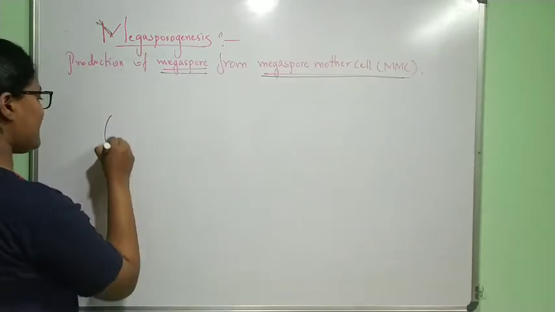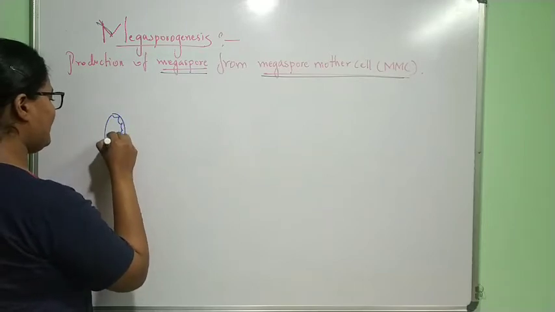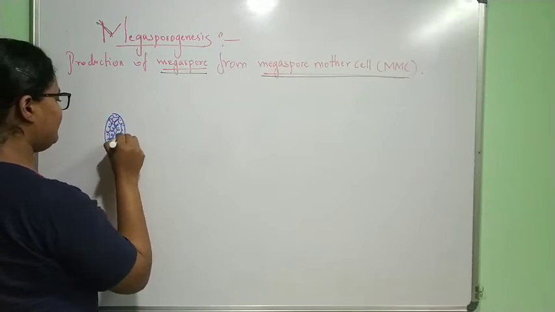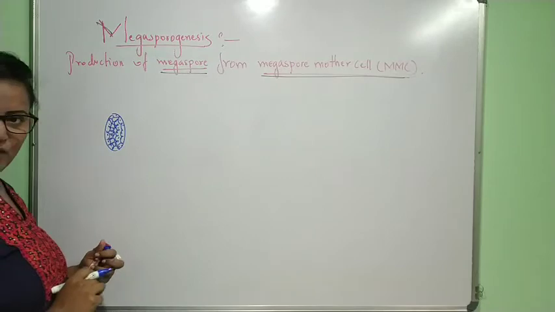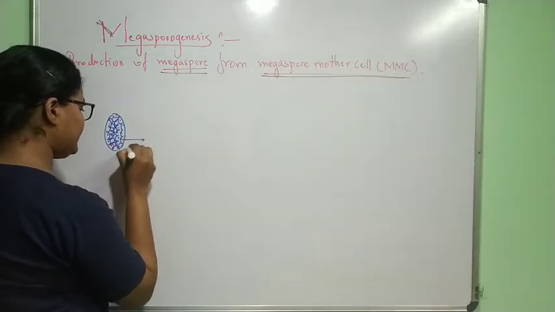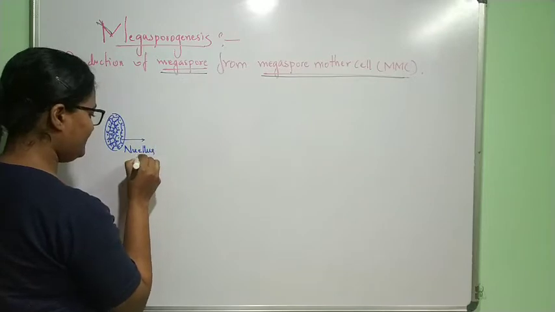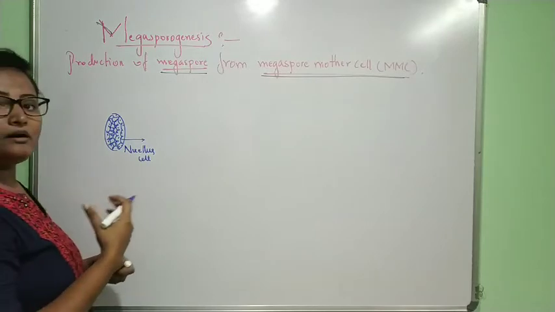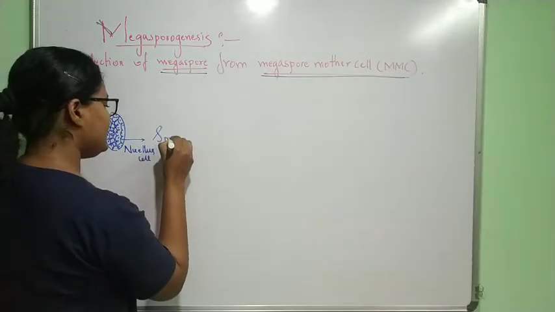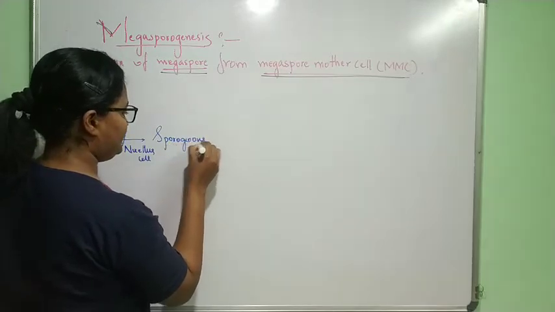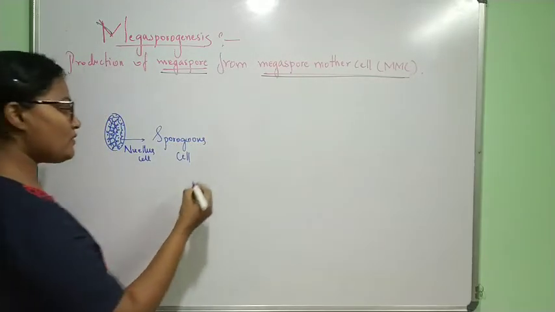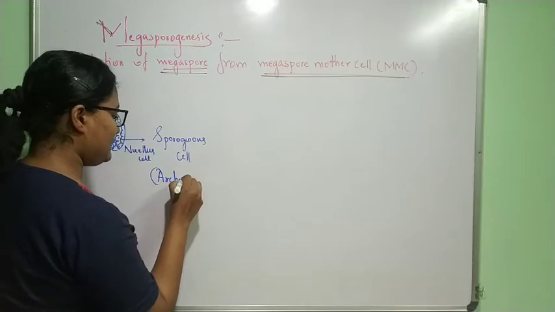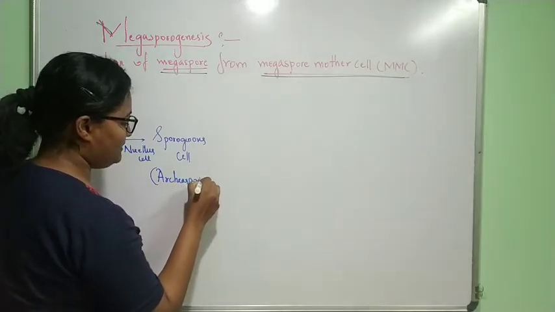As we know, there is the nucellus. Within the ovule, what happens? There is a nutritive portion of an ovule, called the nucellus. One of the nucellus cells undergoes mitotic division and forms a sporogenous cell, or it is also sometimes called an archisporial cell.